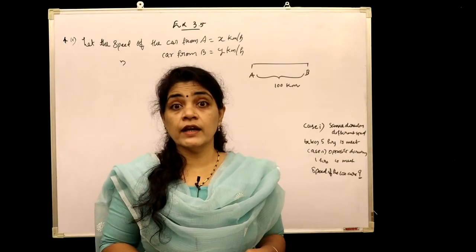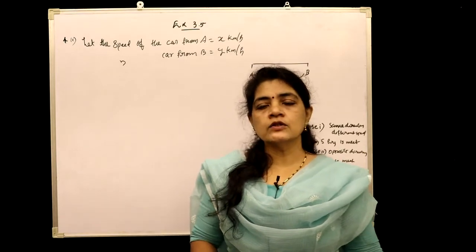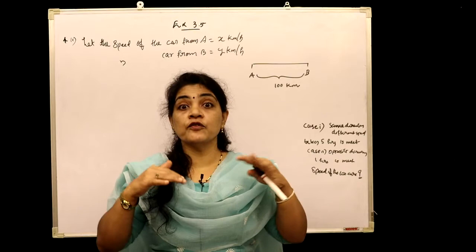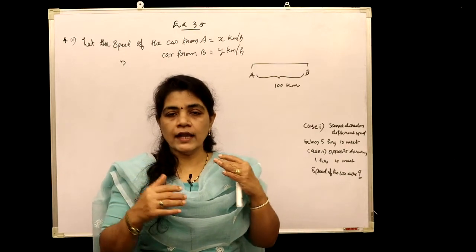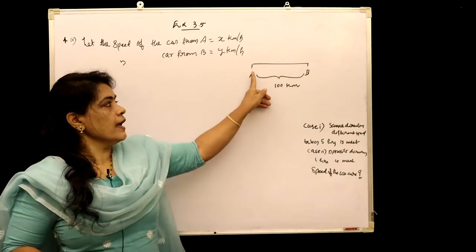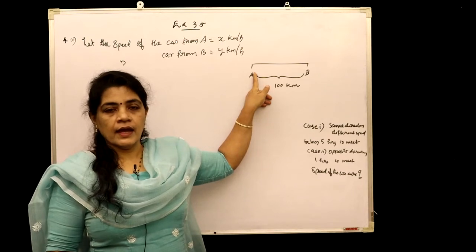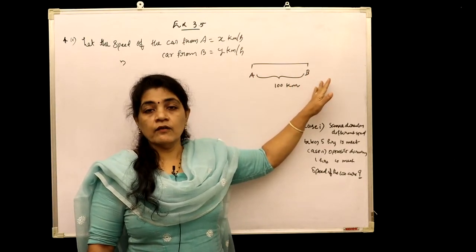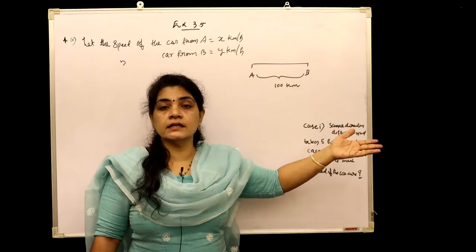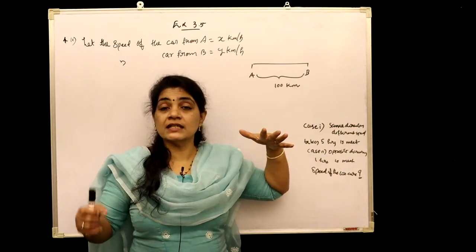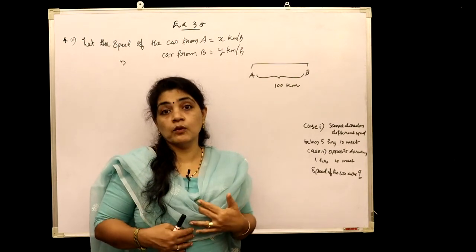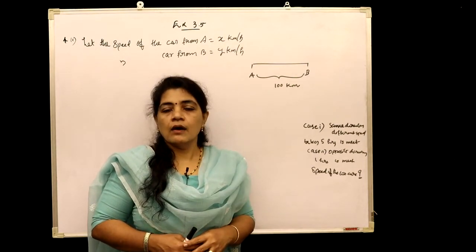Okay, it's a very important problem, children. So here we have two cars starting from different places. Let one car start from A and the second car start from B. What is finally asked? The speeds of the cars, since they are moving at different speeds in both cases.